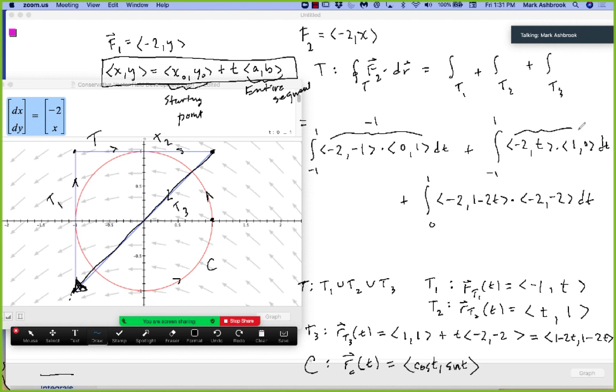This dot product is negative 2. So I'll have from negative 1 to 1 of negative 3 dt plus the same as last time, which was plus 2, minus 2, sorry. Minus 2 minus 4t.